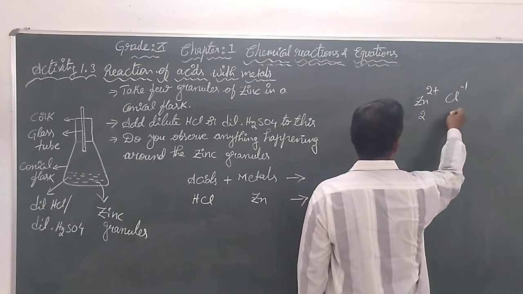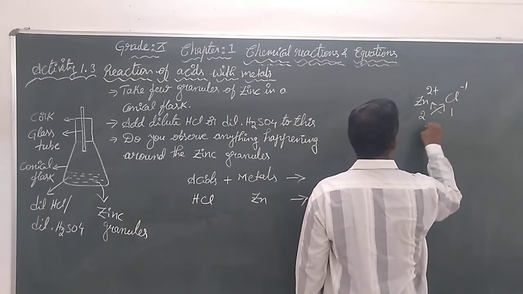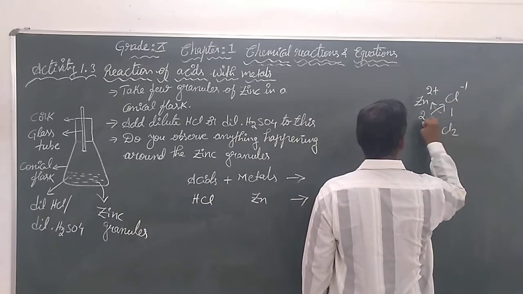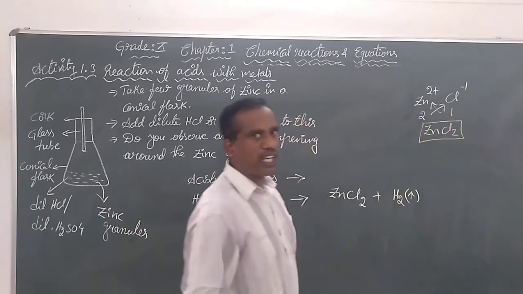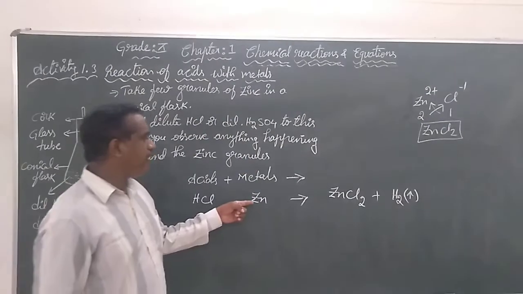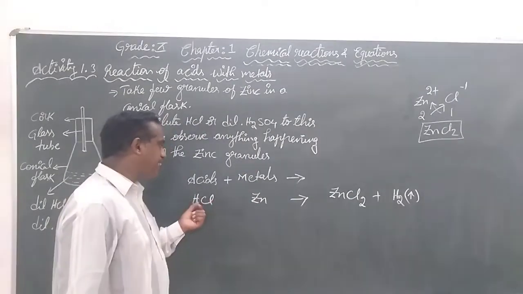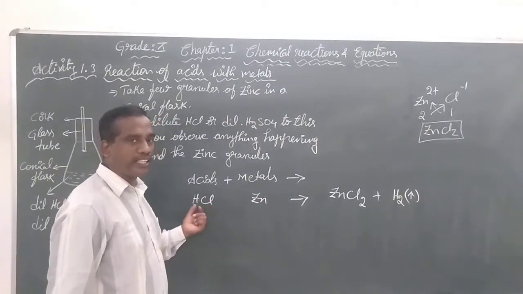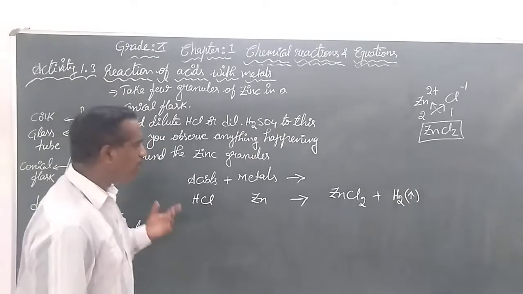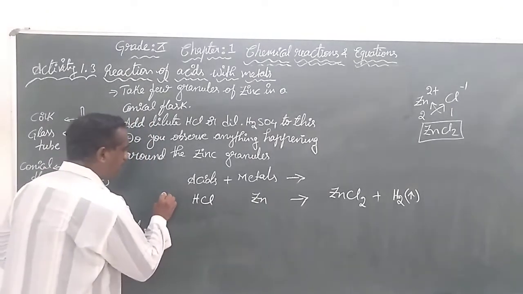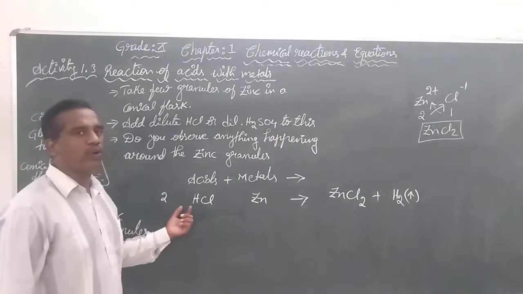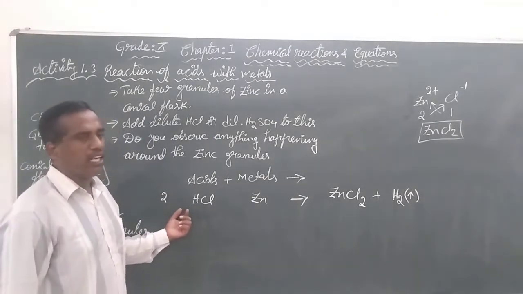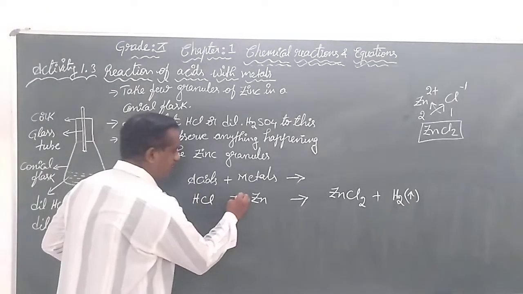Crisscrossing 2 and 1, we get ZnCl2. It means 2 chlorine atoms combine with 1 zinc. On the reactant side we had only 1 chlorine in the hydrochloric acid, so we write the number 2. It means 2 moles of hydrochloric acid react with 1 mole of zinc.